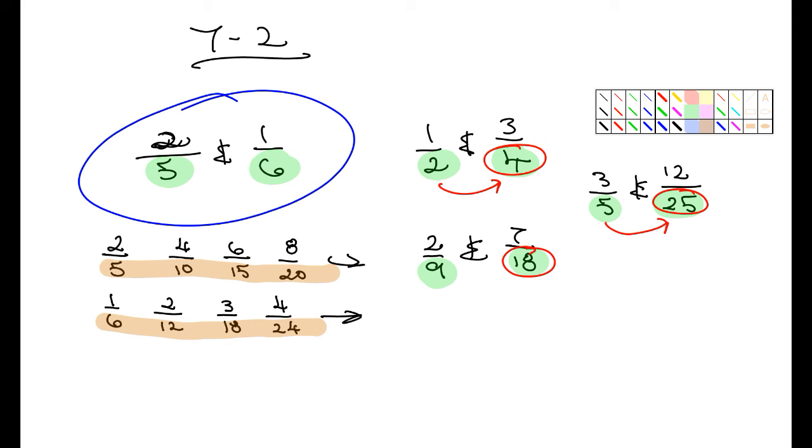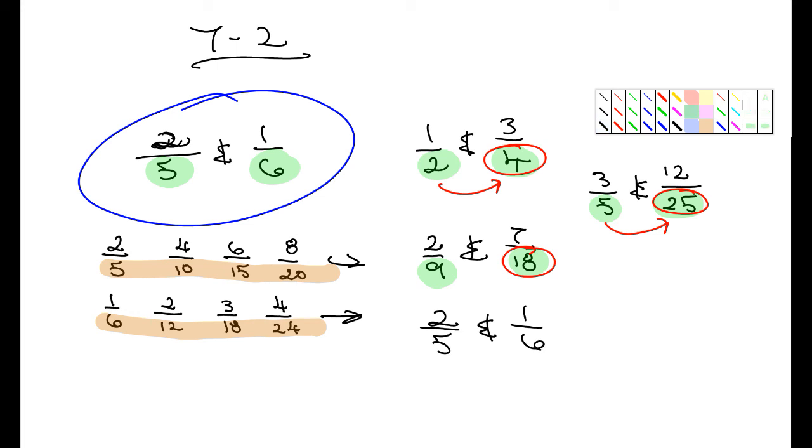So the third thing you could do, which is kind of a shortcut in some cases, is just simply multiply the 2 denominators together. Okay, so what I mean by that is if I had 2/5, which is the very first problem I wrote down here, and 1/6, okay?